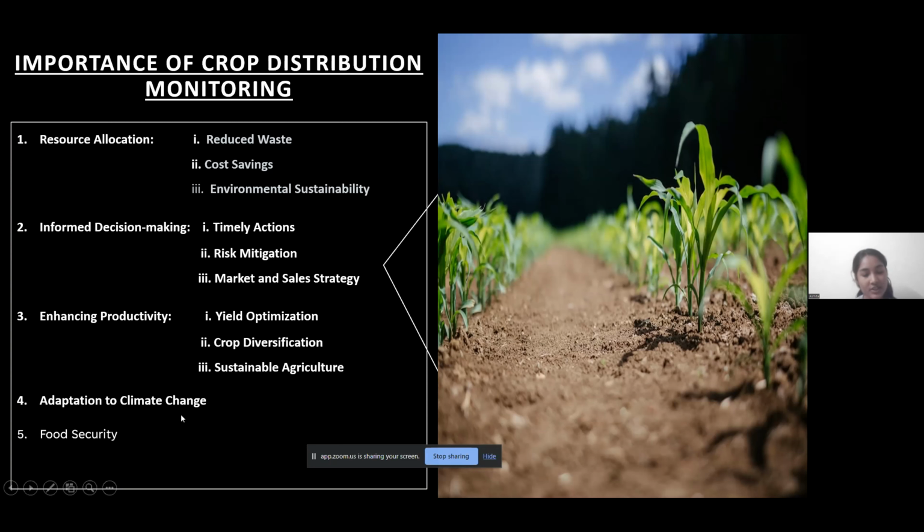As climate change continues to impact agriculture, understanding crop distribution becomes crucial for adapting to shifting weather patterns and making climate resilient choices. And last, we have food security, as accurate crop distribution data is essential for ensuring a consistent and diverse food supply. It also minimizes the risk of food shortage and helps authorities prepare for potential crises.